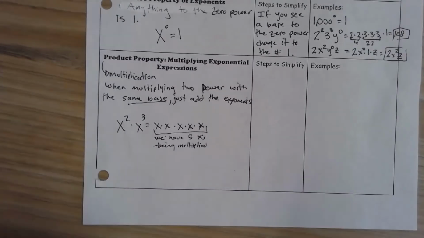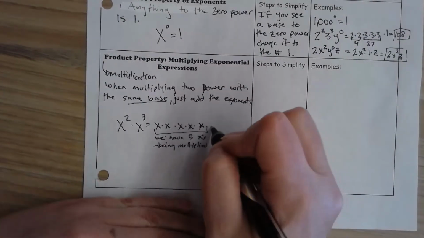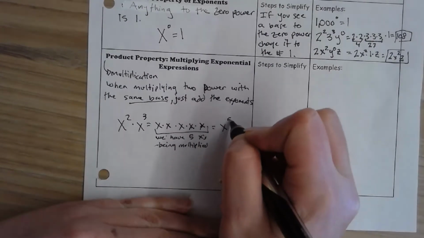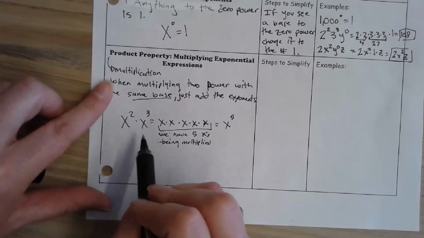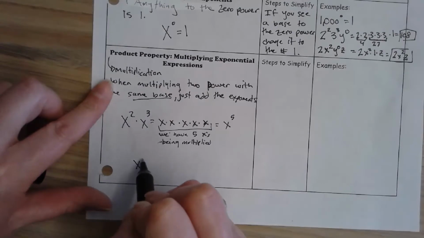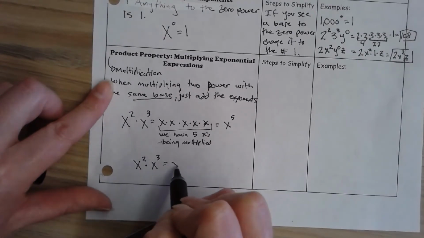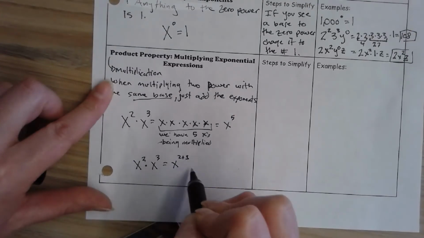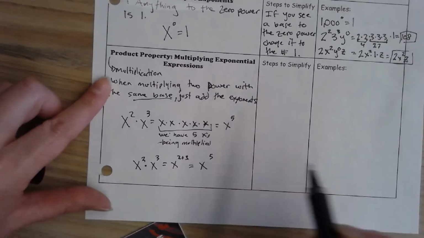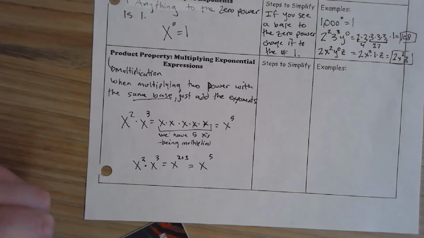We know exponents show repeated multiplication, so we can rewrite that as x to the 5th. And if you notice, x squared times x cubed was simply x to the 2 plus 3, which is x to the 5th. So our product property says same base, add the exponents.